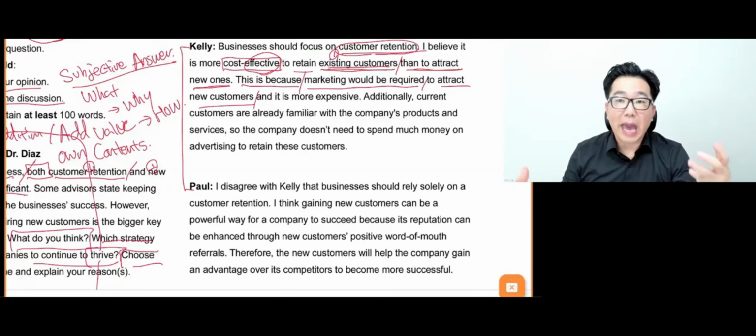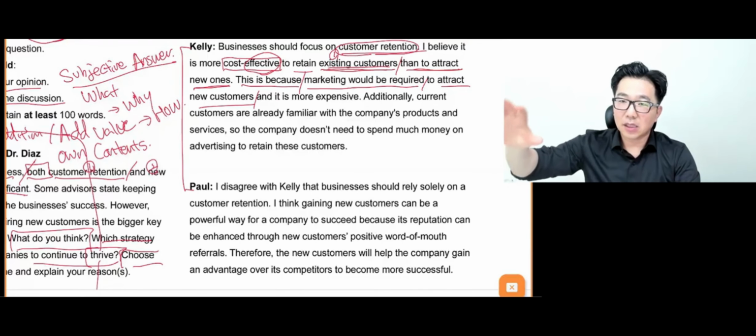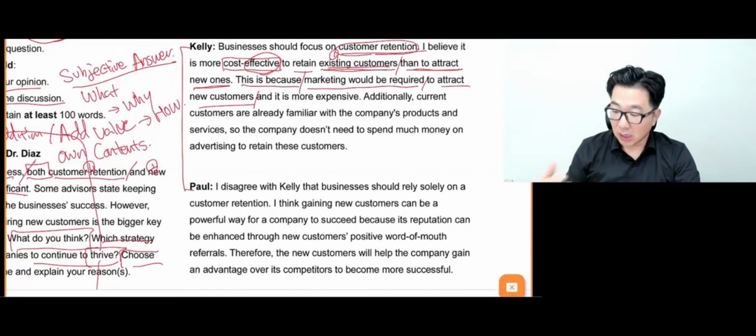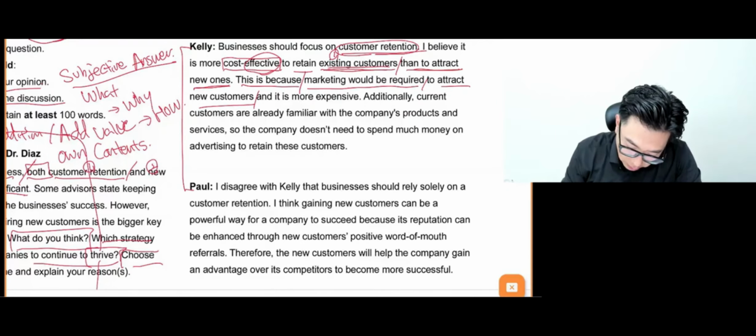We need to do some advertising, or we need to let some people know about our product and services. They are not going to come to me naturally because they don't know who we are as a business, right? So if you want to attract new customers, you have to do marketing or more marketing. So it's going to be more expensive.